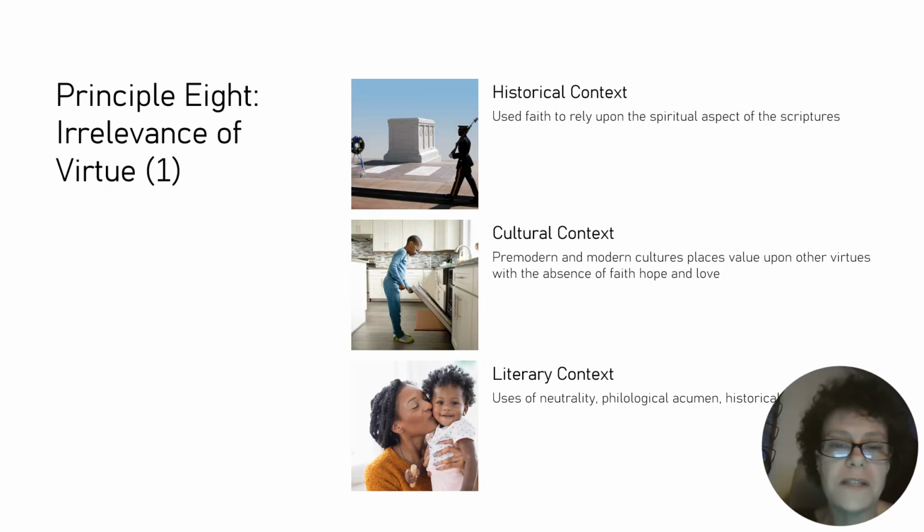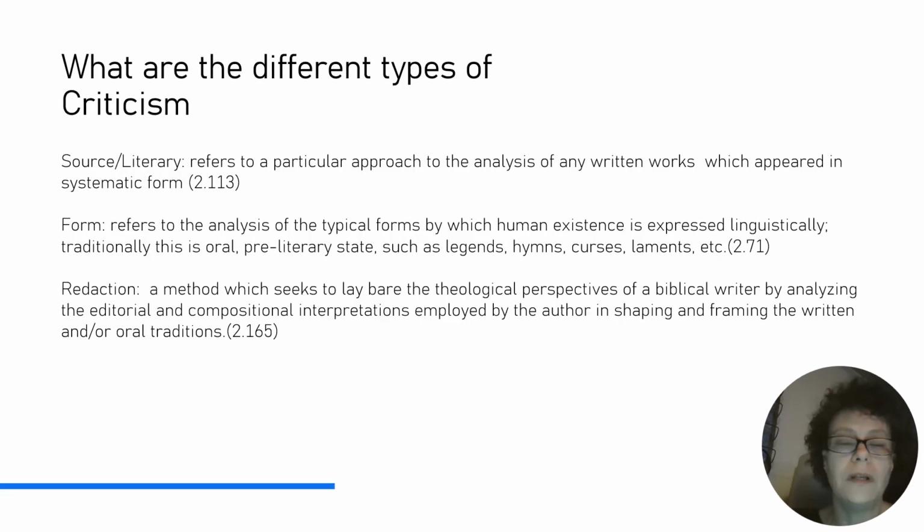With the loss of spirituality comes the loss of some of the main virtues that they really don't want to use anymore: faith, hope, and love. They do want to use other virtues such as neutrality and historical accumulations.